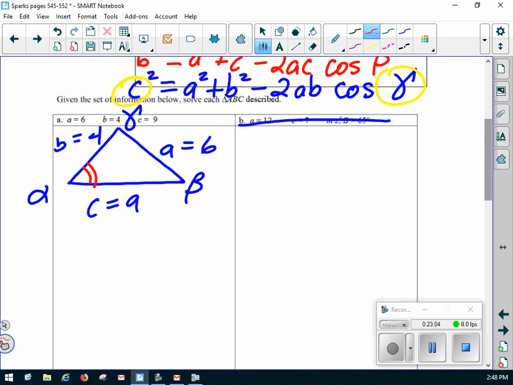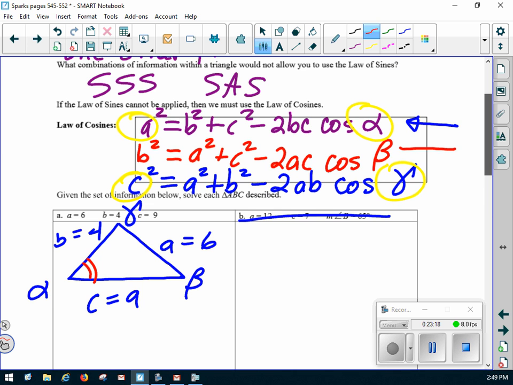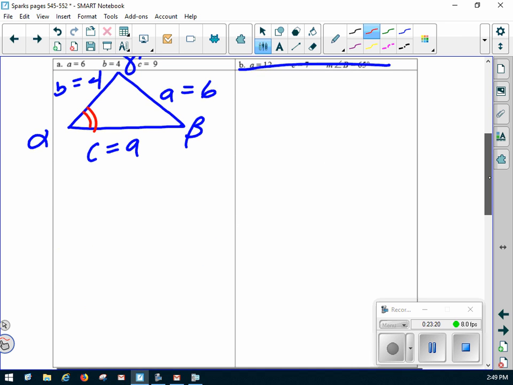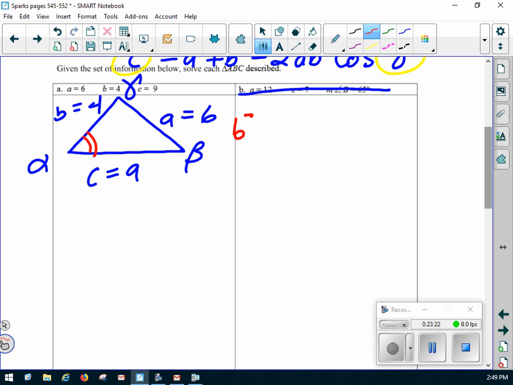Just trust me on that one right now, okay? So, we know what angle alpha is. Pick one of the other angles to find. Beta. So, use the equation up here that's got beta in it. B squared equals A squared plus C squared minus 2AC cosine beta.